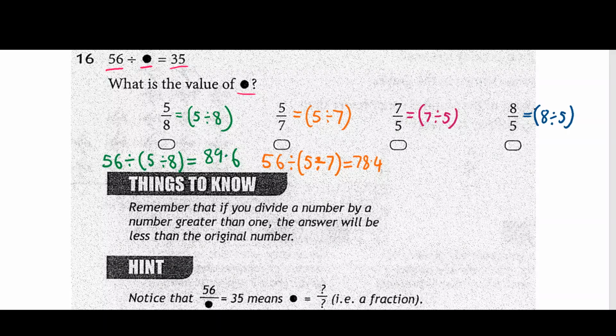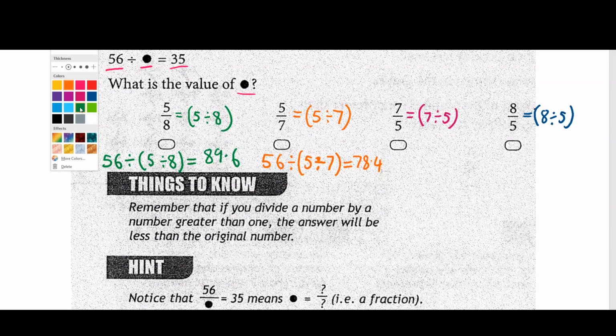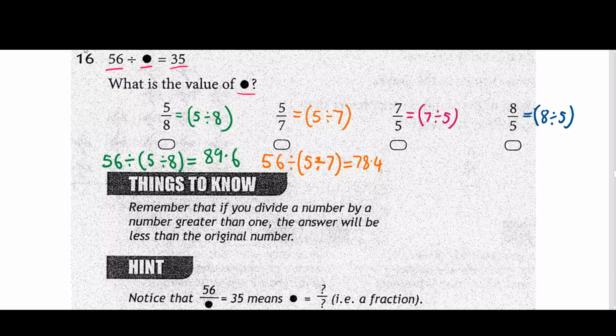So no, that's not what we're after either. Okay, let's try this one. 7 over 5. So 56 divided by 7 divided by 5 gives us 40. Getting closer, but not 35.